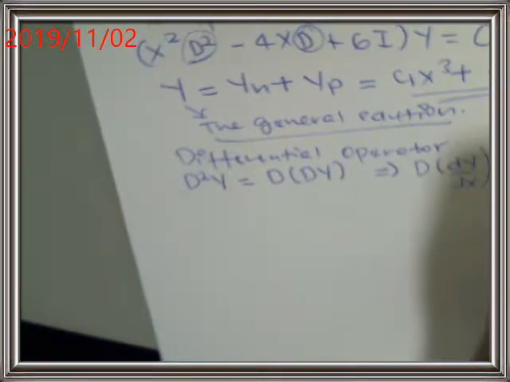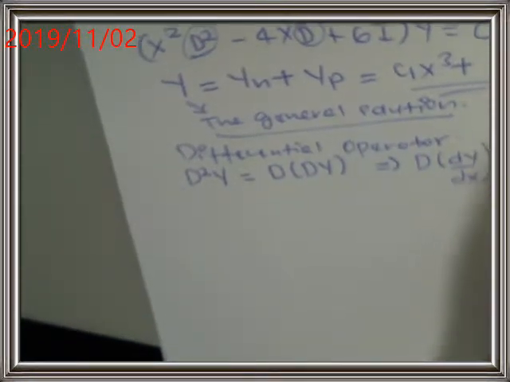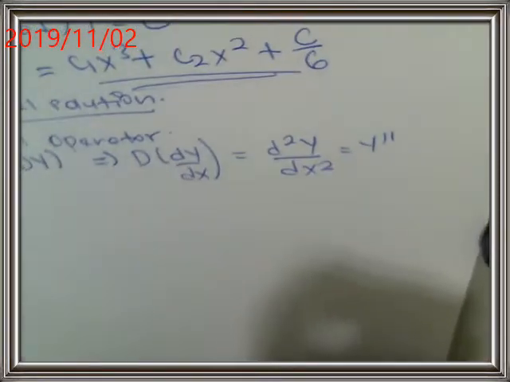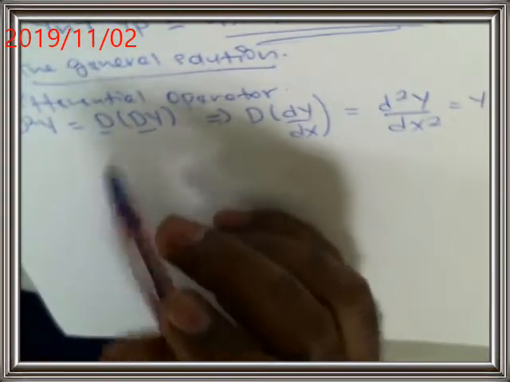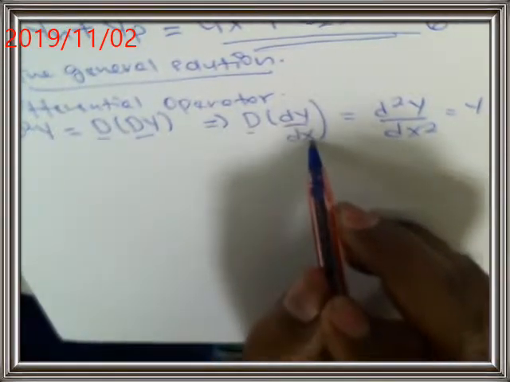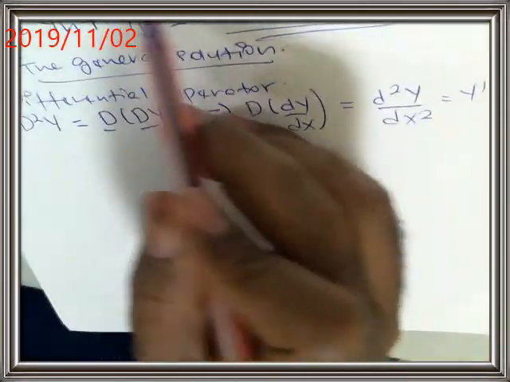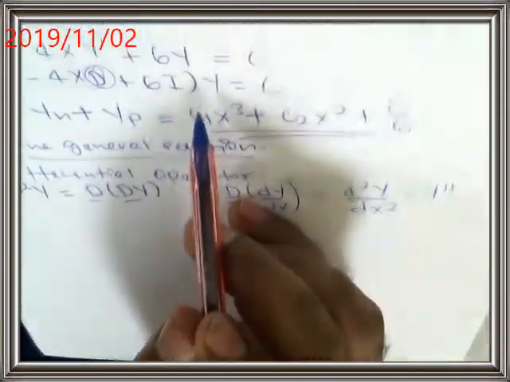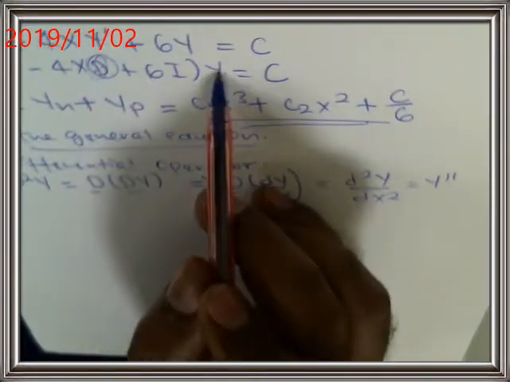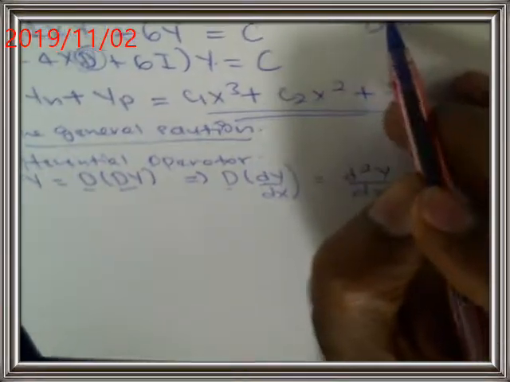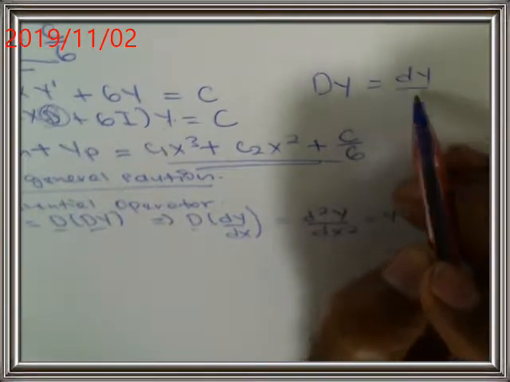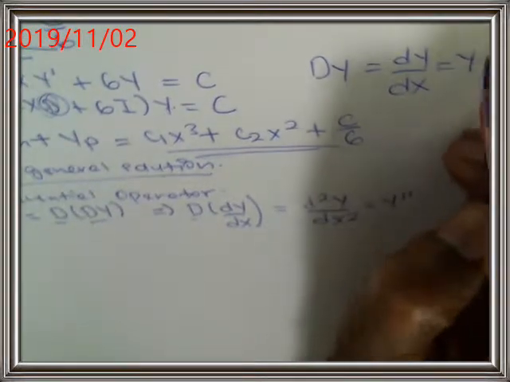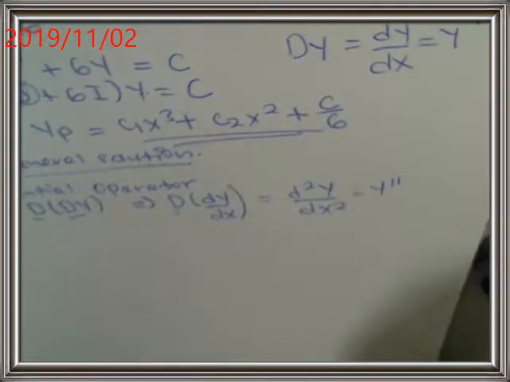That means it is the second derivative of y. Okay, it is very simple, as you can see. I simplify it like this, then D of dy by dx. So when D is multiplied by y, it is Dy, right? This means dy by dx, or the first derivative.